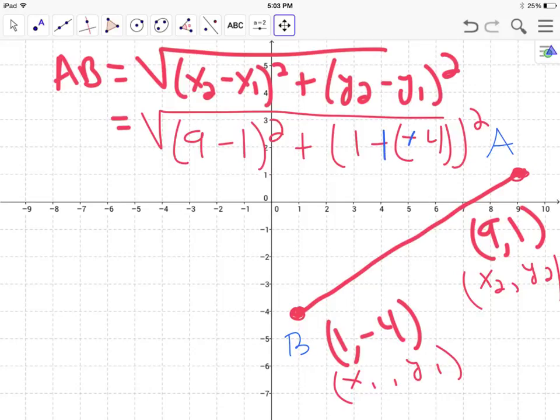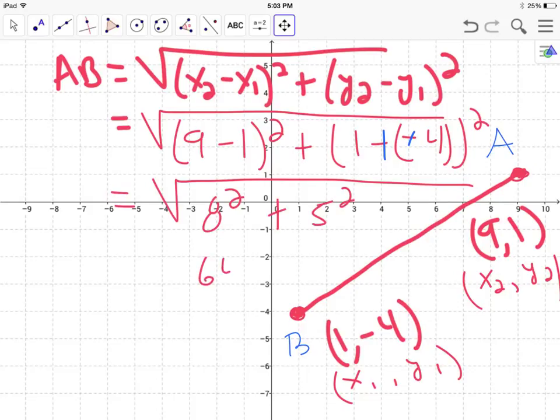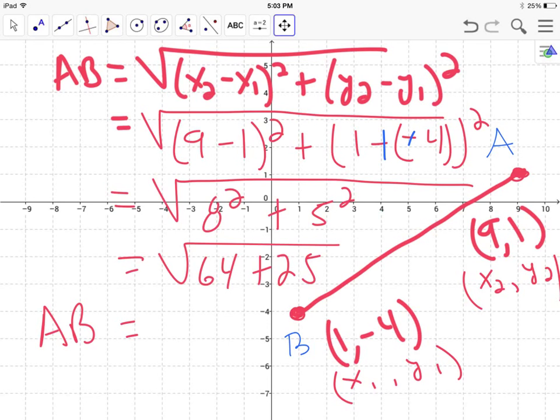So let's go through this, and we should have 8 squared plus 5 squared, which would be 64 plus 25. You should see that AB is going to equal the square root of 89, since 64 plus 25 is 89.